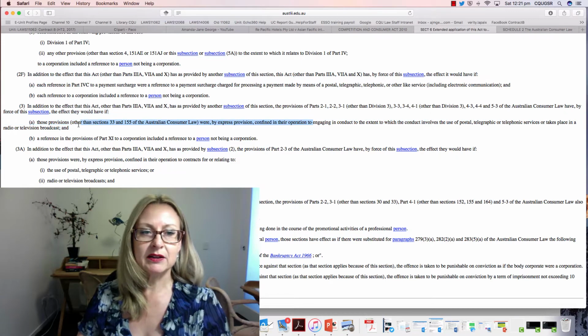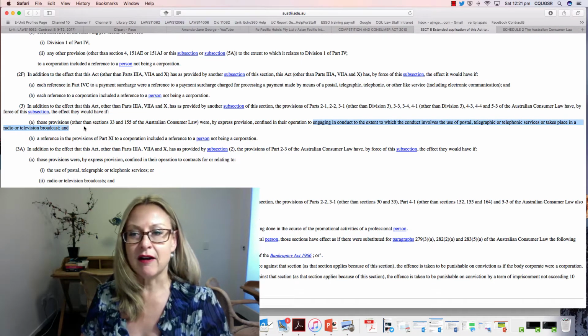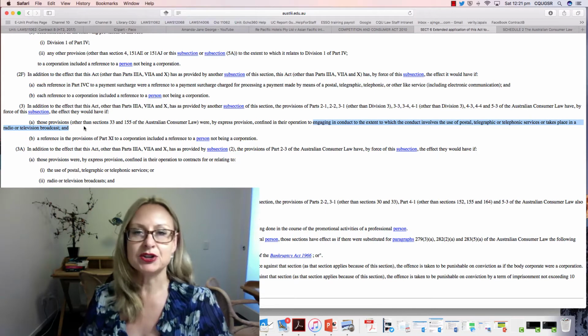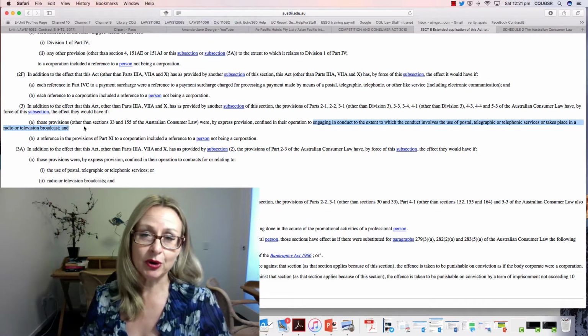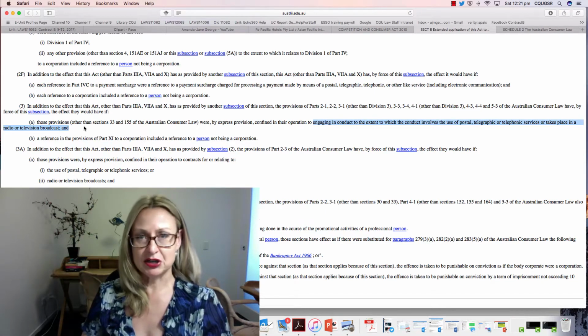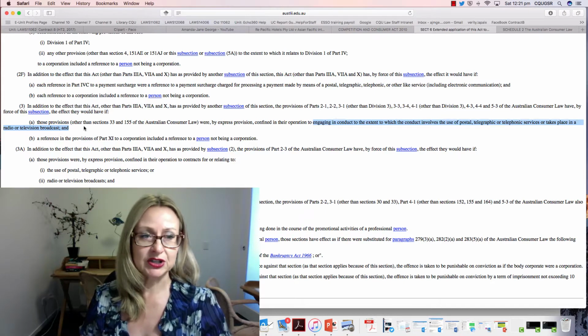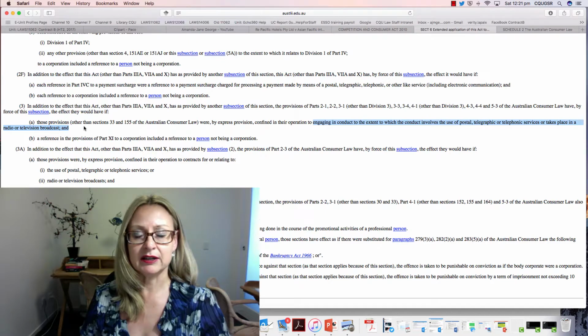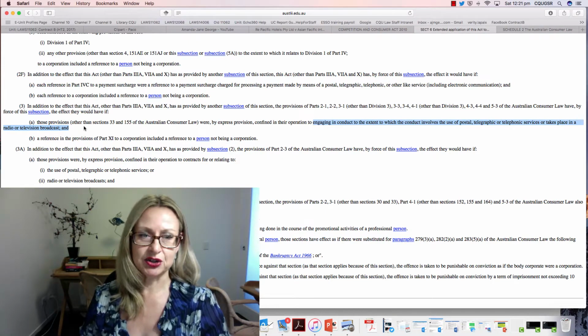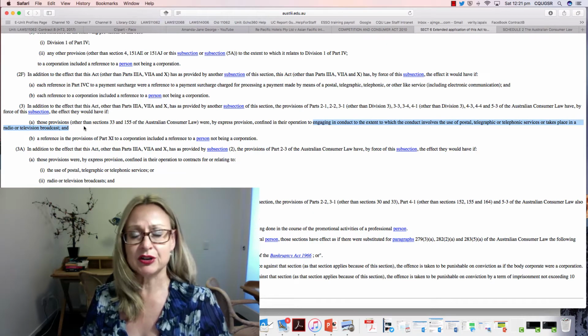So where the conduct is being engaged in via a communication service that is regulated by the Commonwealth, then the person as a natural person will be captured by the legislation. So they are the provisions that dictate how widely this legislation can reach to natural persons of itself.